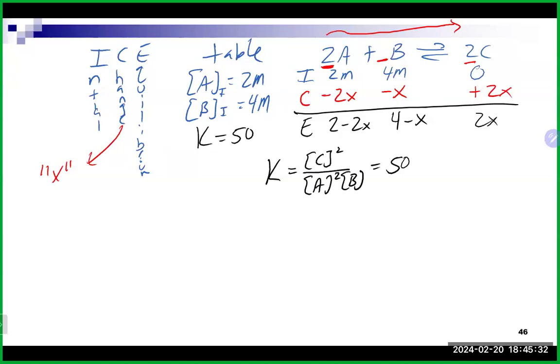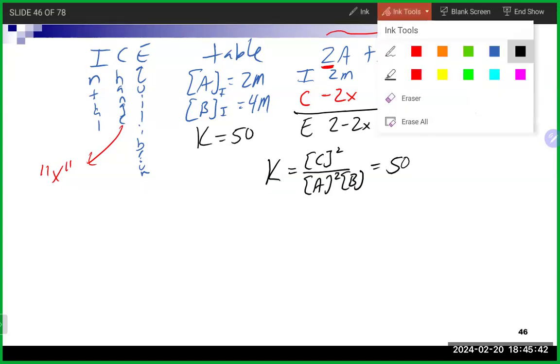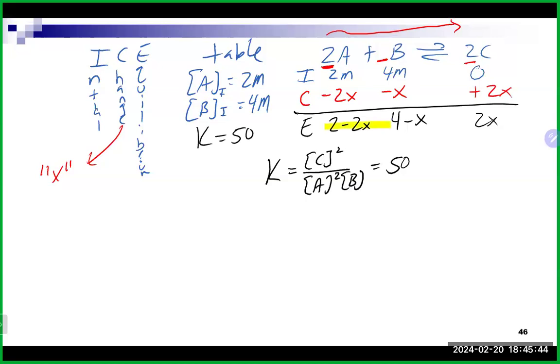The goal here is to figure out what the change is, which is x. At this point, you would take the equilibrium line and stick it into this expression right here.